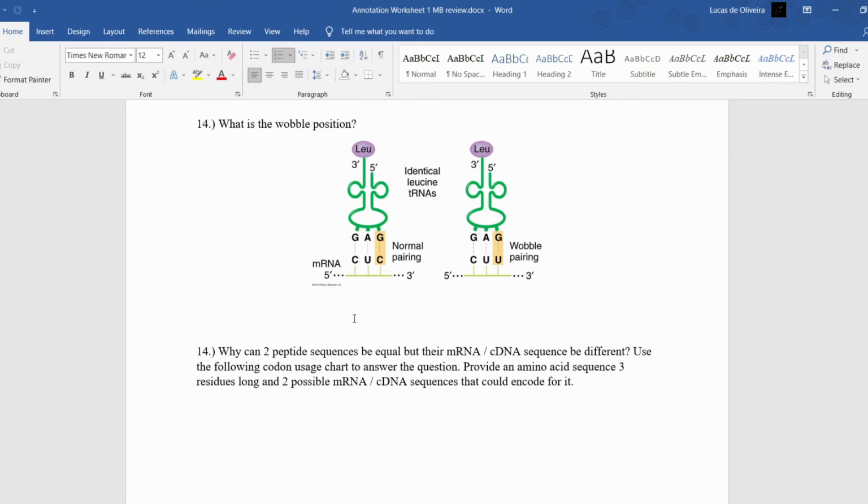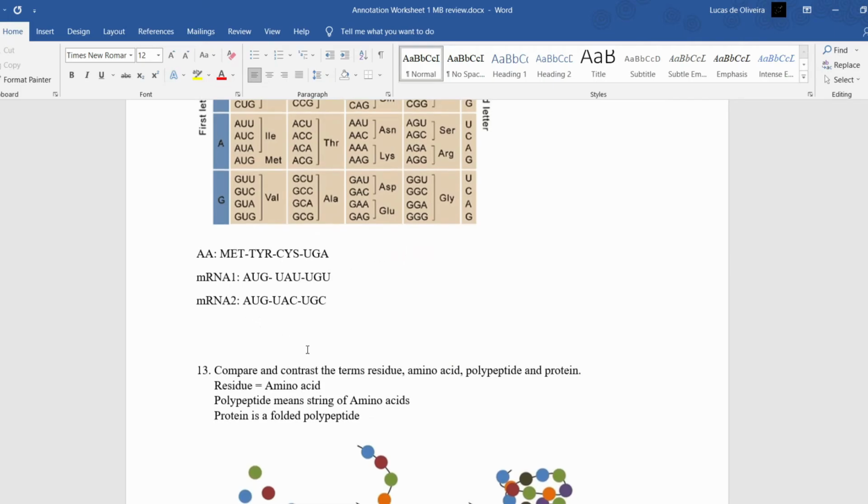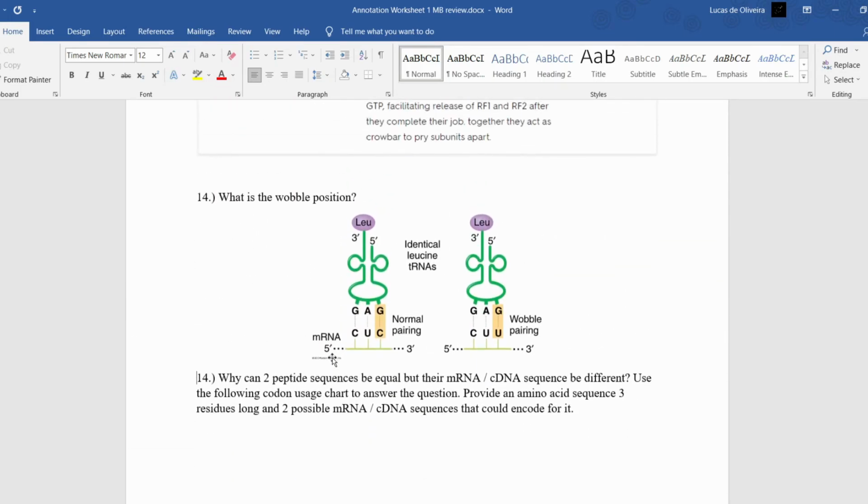Wobble position. I talked a bit about in person the specificity of cDNA, and I think there might be a question on it actually. Yeah, there is this next question. These two questions relate, but essentially two peptide sequences can be equal, but their mRNA or cDNA sequence can differ.